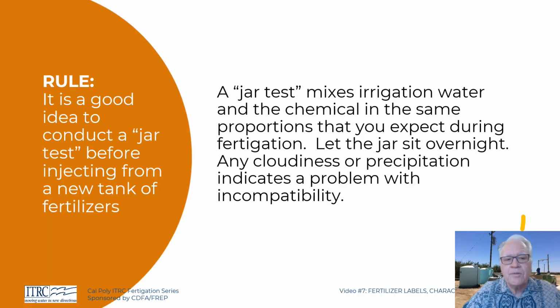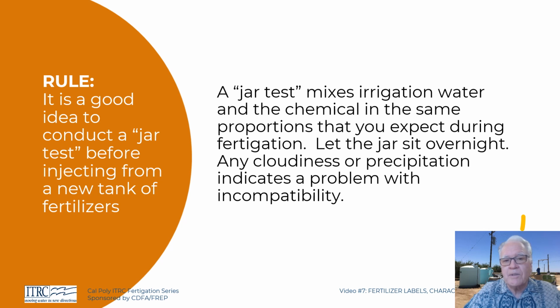Remember, it's a good idea to conduct a jar test before injecting chemicals. It's a hassle to do it. People don't do it. And then occasionally you see disastrous results. But anyway, the idea is you mix the irrigation water and chemical in the same proportions that you expect during fertigation.